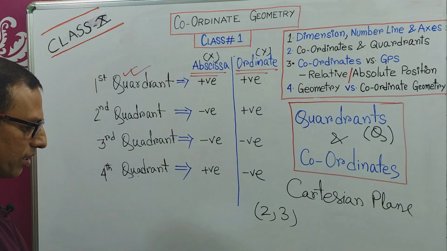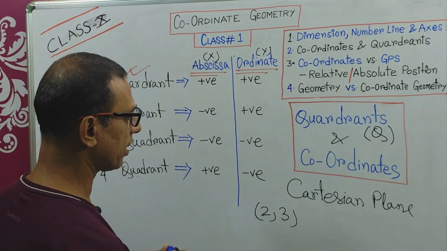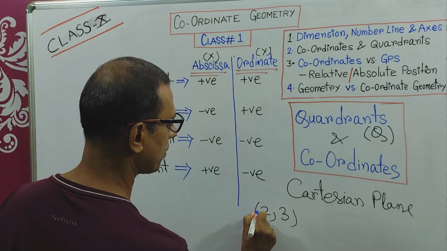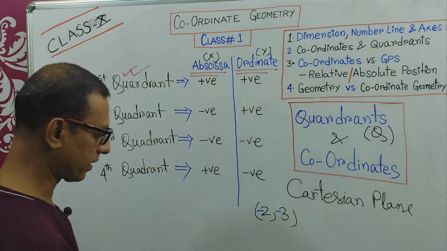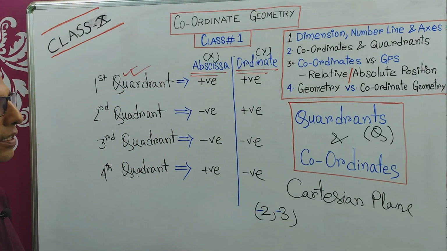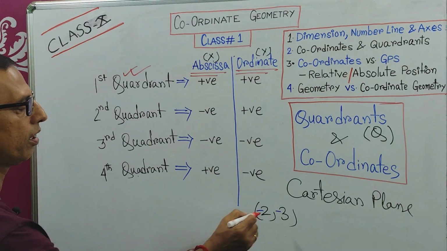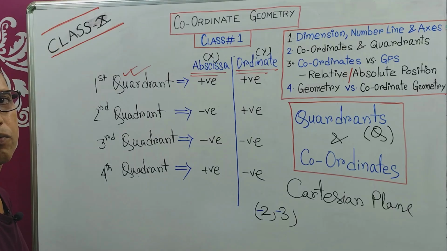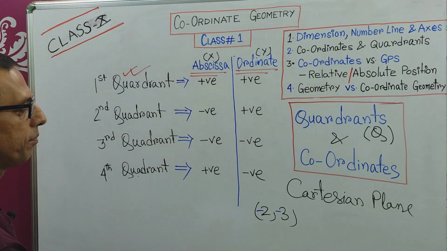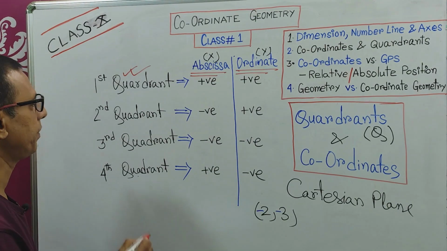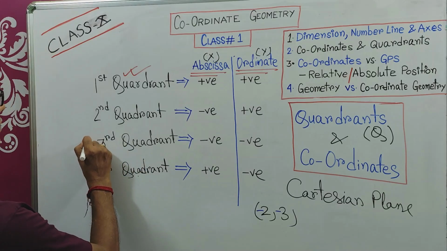If I change the sign, let's say (-2, -3), both the x and y coordinates are negative, both minus and minus. That means it is in the third quadrant.